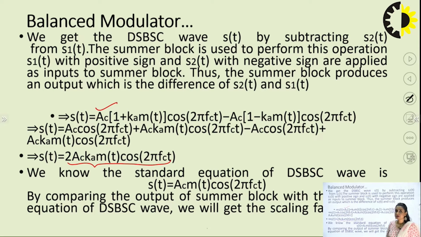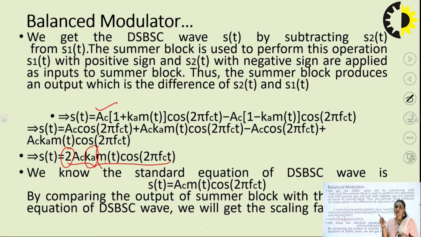Here I can see this is simply multiplication of my message signal and the carrier wave, m(t) into Ac cos 2 pi fc t. What I get is some constant value which comes as coefficient of this expression.